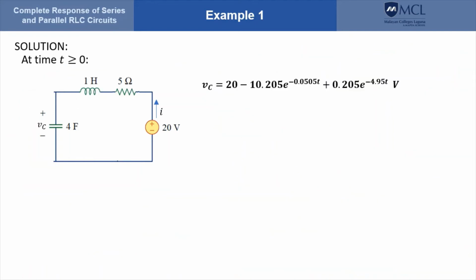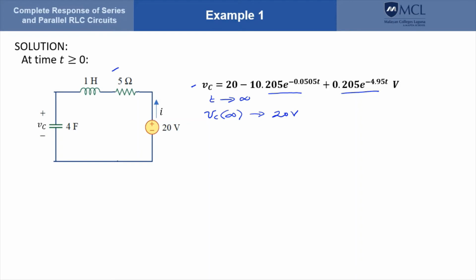Again, here is our complete solution for V sub C, the voltage across the capacitor. As you can see, if we let t approach infinity, that is, we let the circuit go steady state, the voltage across the capacitor will approach 20 volts, because these terms here will approach zero because of the presence of the exponential function.